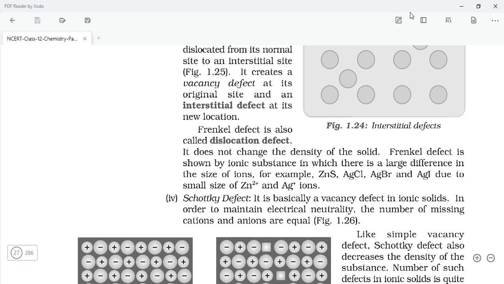You know what I mean? You don't have to pull out the same number of anions and cations. That's not how you maintain the electrical neutrality of the solid.